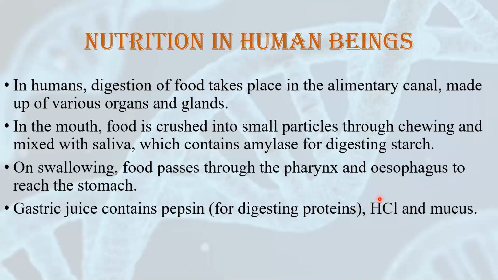So if it is released in our stomach, it is very obvious that it would harm the inner wall of our stomach. So to protect the inner wall of our stomach from the effects of HCl, mucus is released. So that is the function of all these three things. Pepsin is required for digesting proteins, HCl is required for activating pepsin, and mucus is required to protect the wall from the effects of HCl.